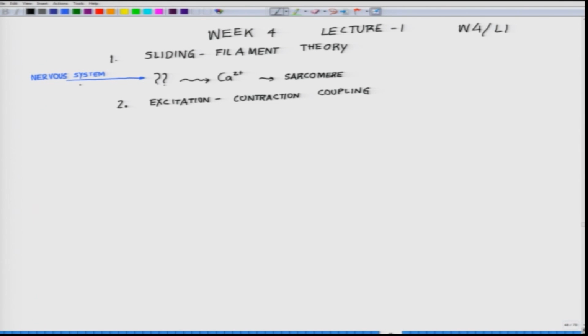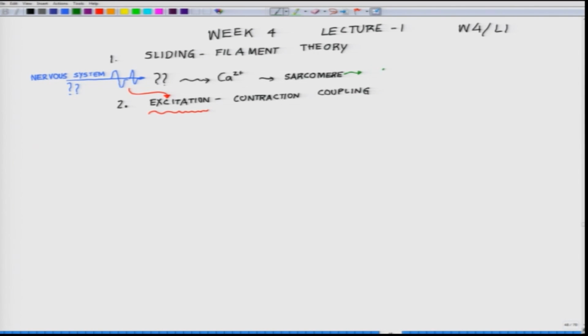Now, I told you that there is an electrical signal here coming from the nervous system, some electrical impulse. I have not described it, but I told you there is an electrical impulse. Okay. This electrical impulse is actually the excitation, that is this word.